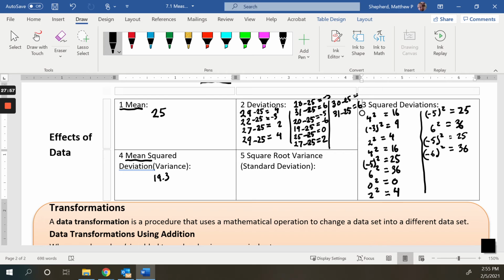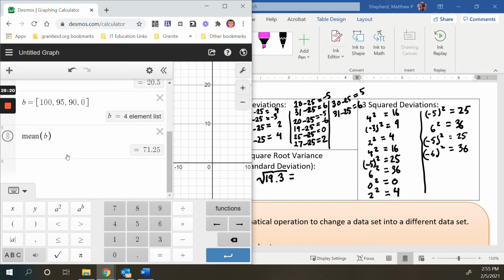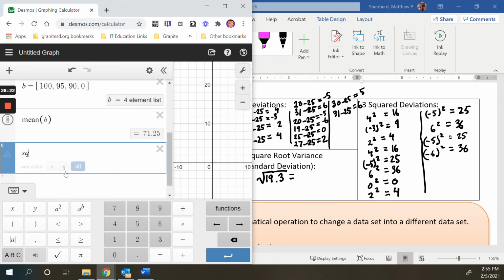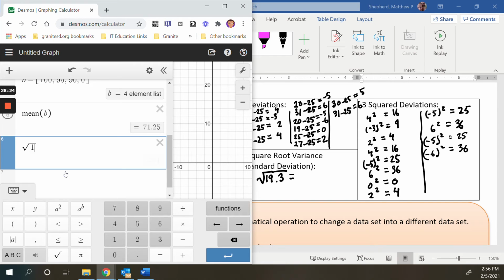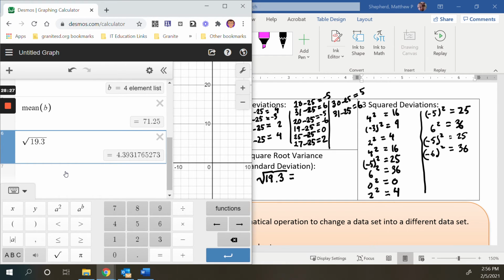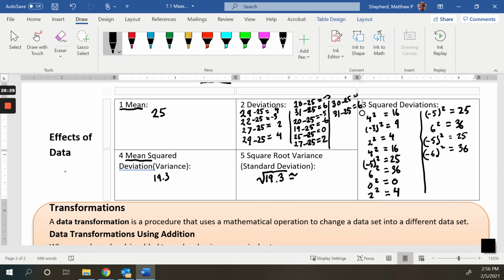Oh, but wait, we squared all these, so all these numbers are artificially high because we multiplied them by themselves. So we want to get that number back down, so we're going to take the square root. A square root undoes squaring, so we're going to take the square root of 19.3, and we get approximately 4.4.